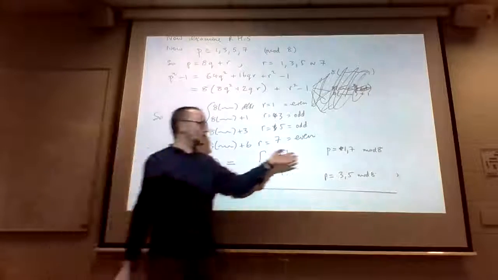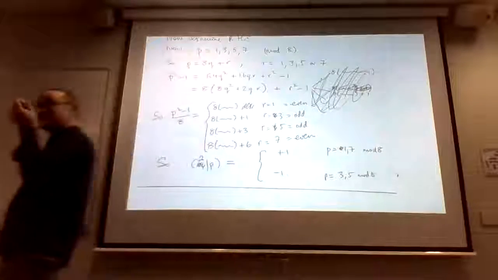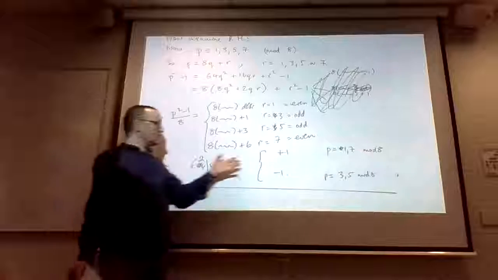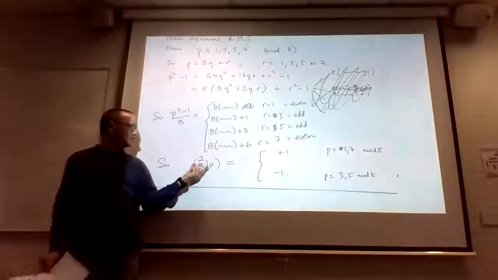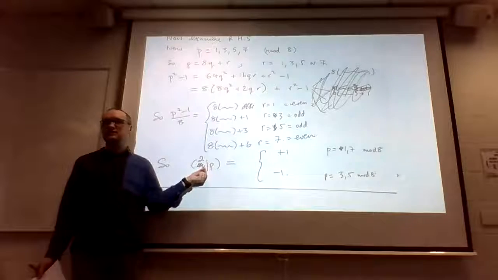It turns out to turn on what p is modulo 8. That's easy to evaluate if you're given a prime number because it only depends on the last 3 digits. Thousands and higher powers of 10 are divisible by 8. So we've got a straightforward way now to decide whether 2 is a quadratic residue modulo p.